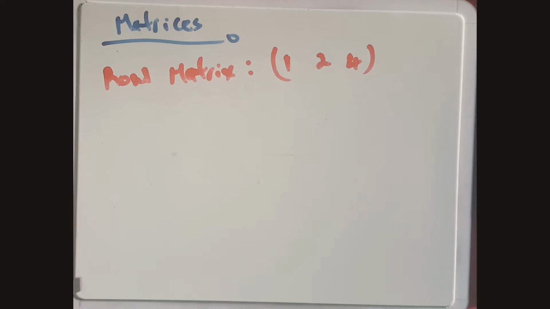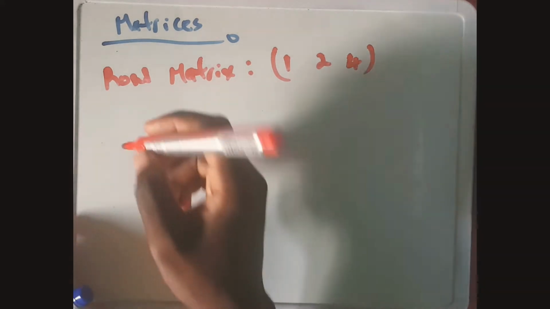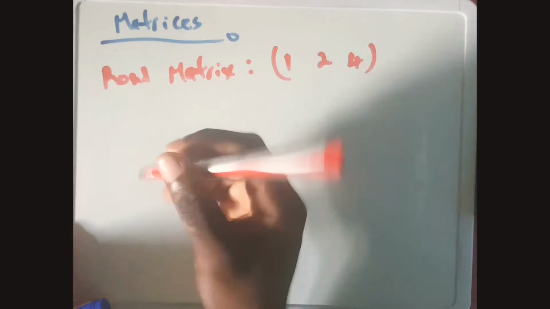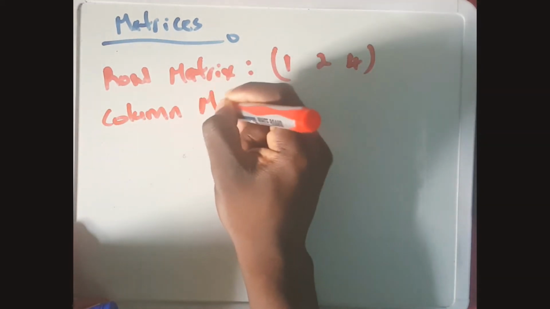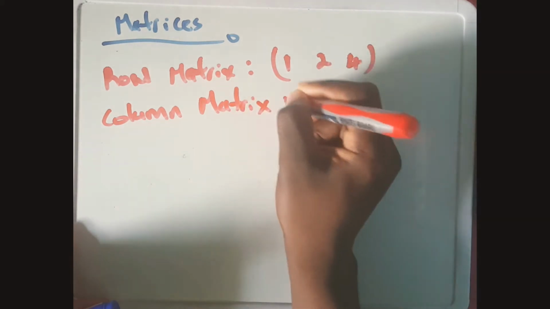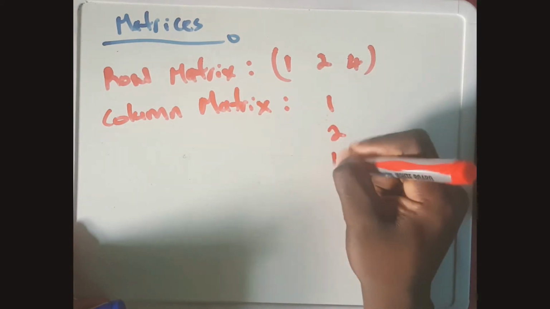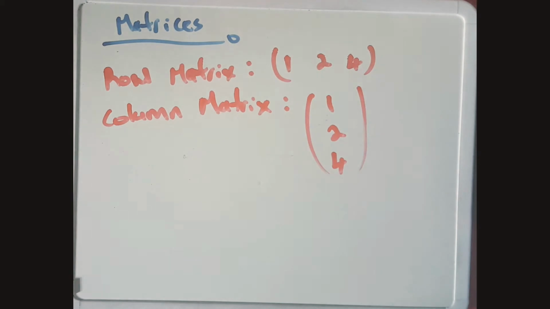For a column matrix, the one I did earlier, it would be something like this if I'm using the same elements 1, 2, 4. There are others, but I have to erase so I can show you the others.